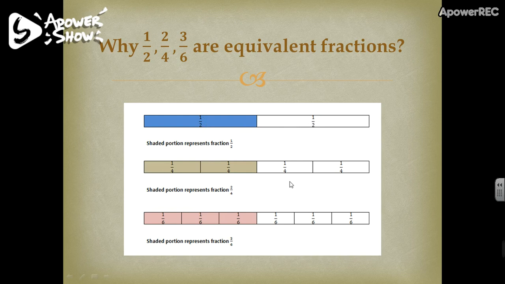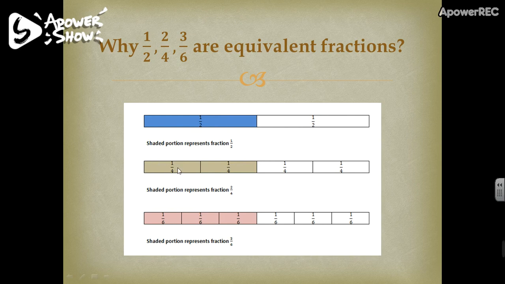Here the same rectangle is divided into four equal parts, each part representing the fraction 1 by 4. So if we take these two shaded parts of this rectangle, then they will represent the fraction 2 by 4. And if you just look at the values of 2 by 4 and 1 by 2, these two values are the same.